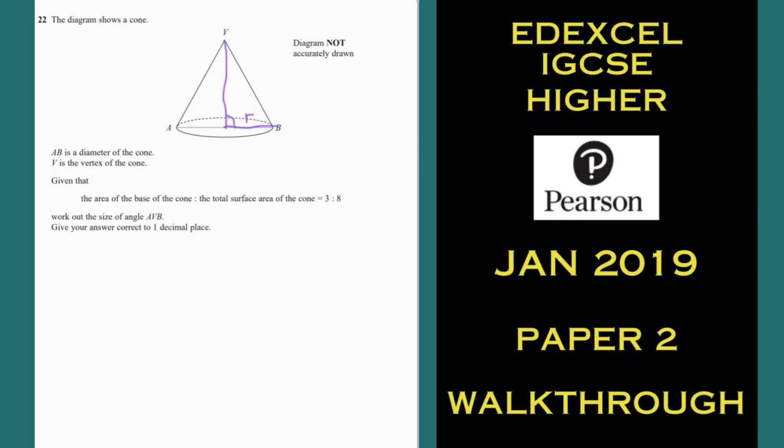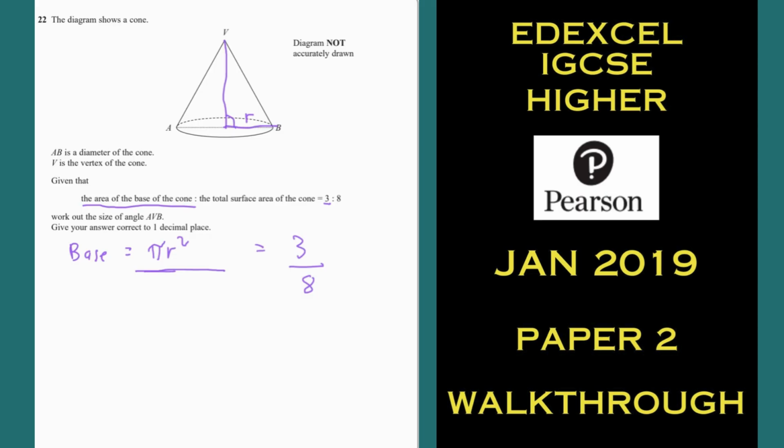So the area of the base of the cone, well, the base of the cone is a circle. So that's pi r squared. And that's worth 3 of something over the total surface area of the cone, which is worth 8.